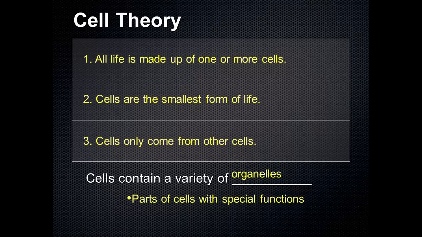It's a part within a cell that has a certain job to do. It has what we call function. And in the next several slides, we're going to learn about several of these cell organelles and what their function is. What do they do? Because they each have a special job to help the cell function, to help it stay alive.